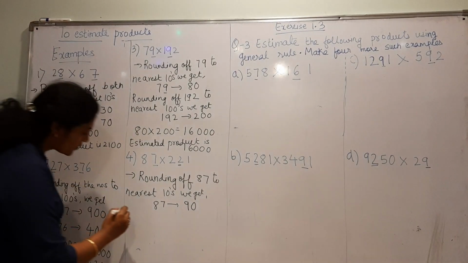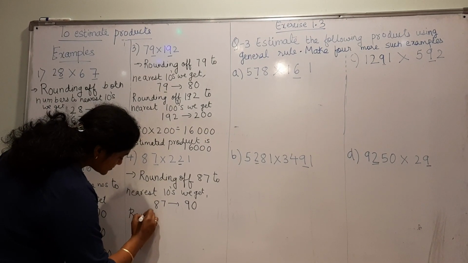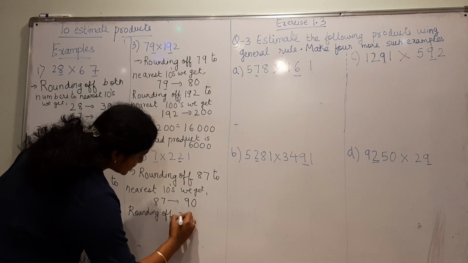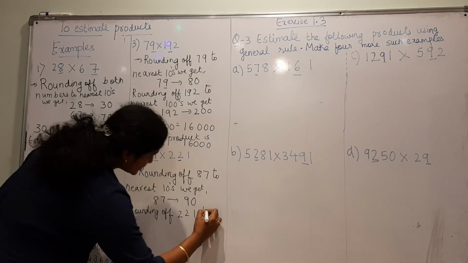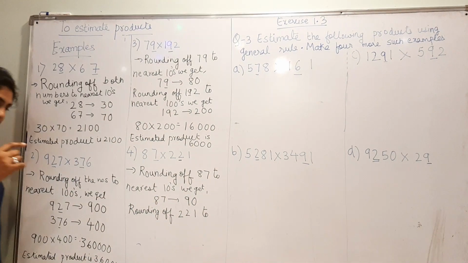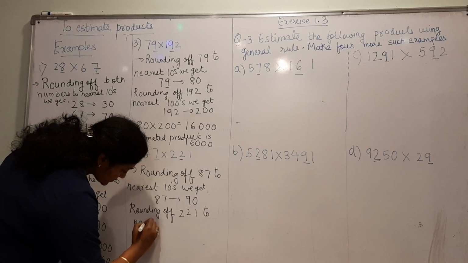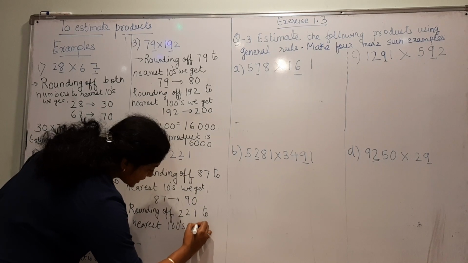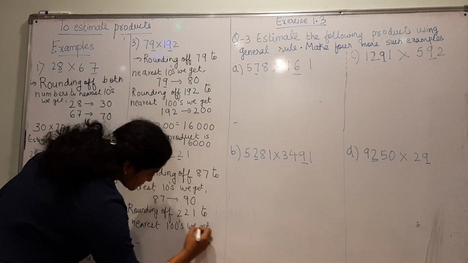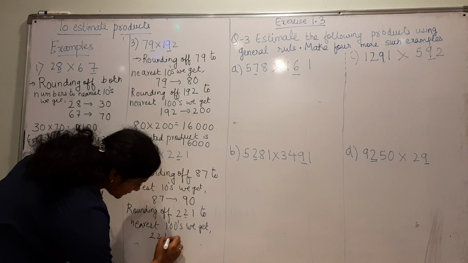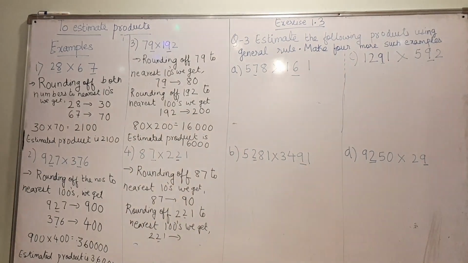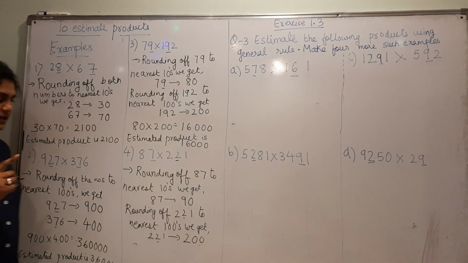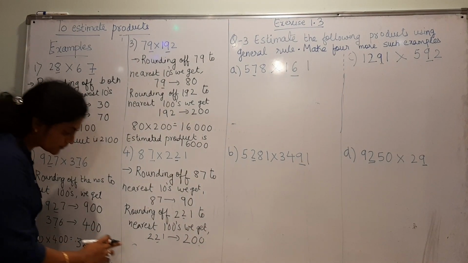Yes. Now rounding off 221 to the nearest hundreds, we get, look at the tens place, this is 200. Now multiply it.